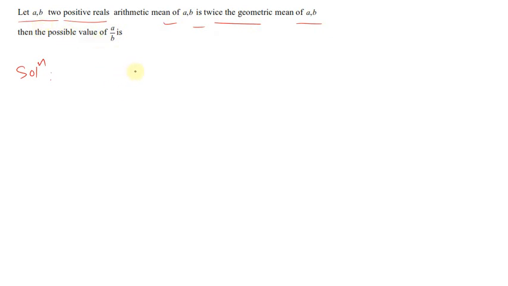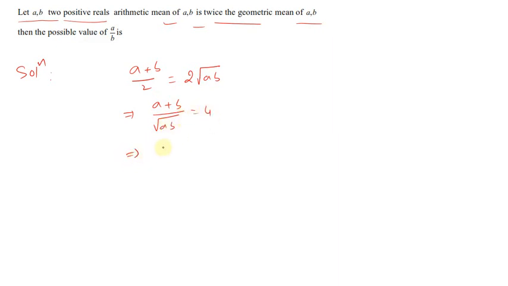Now the arithmetic mean of A and B is nothing but (A plus B) by 2, which is twice the geometric mean of A and B, square root of AB. So what you are getting is (A plus B) by square root of AB equals 4.